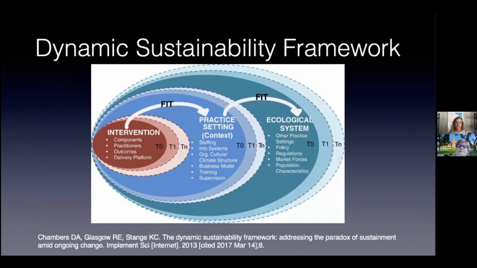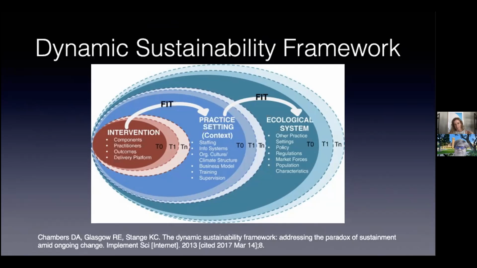But one of the things this really pulls out is the fact that any intervention you put out in the world, as soon as you put it out into a clinic, it's probably starting to change somewhat. It's very difficult to make people do the same thing over and over again without shifting and adapting. That's not really natural to how we tend to behave. So interventions tend to shift once you get them in practice.